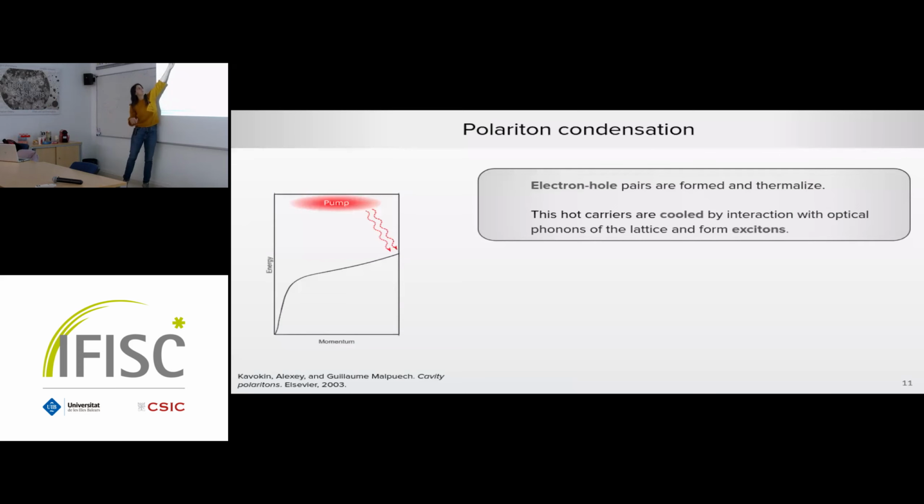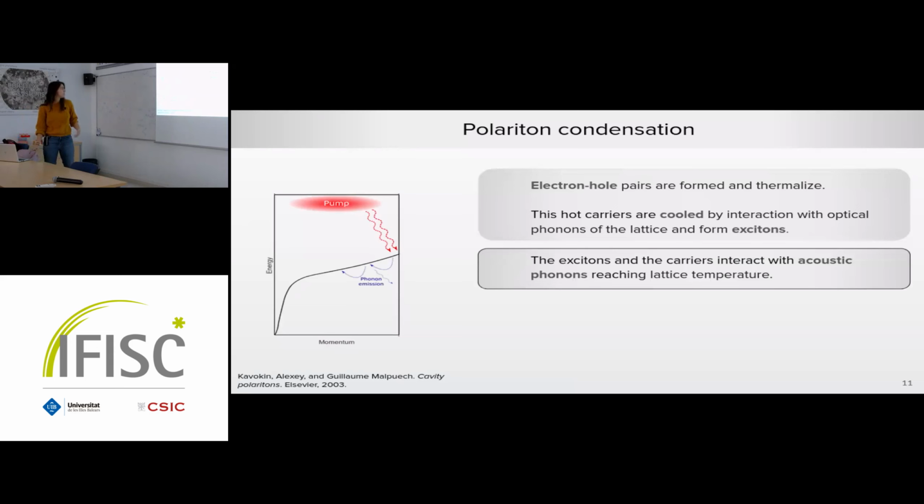And we shine the laser with very high energies there. This is going to excite electrons and holes, they thermalize, and in the end, you form excitons. Then the next thing that happens is that they're going to thermalize with the acoustic phonons, sorry. So they emit phonons and they can relax through this dispersion branch.